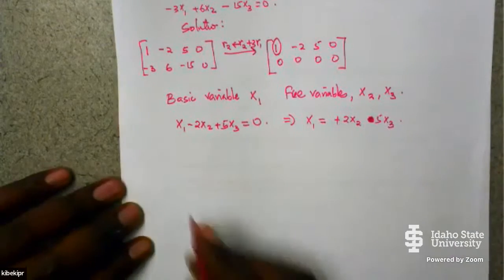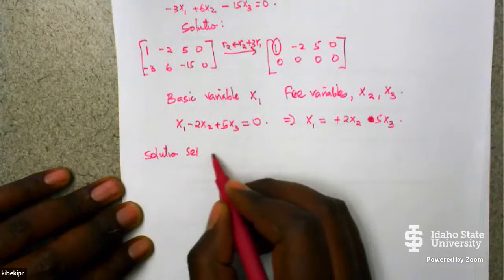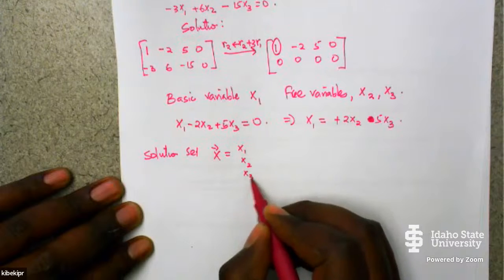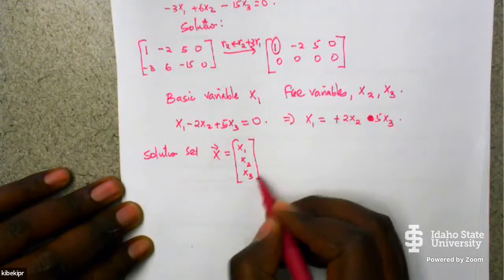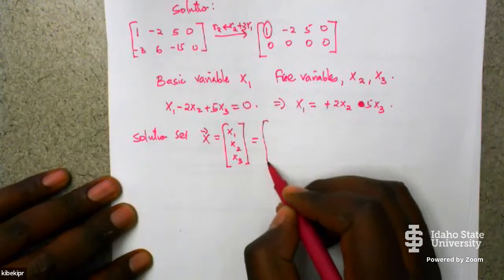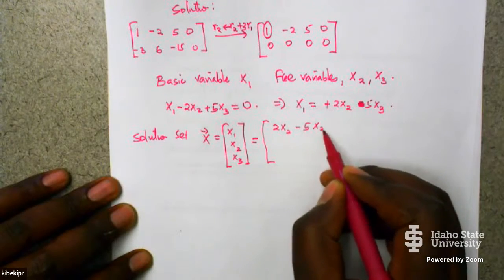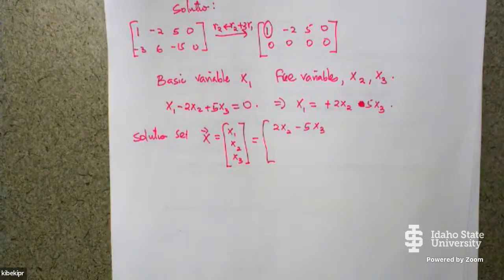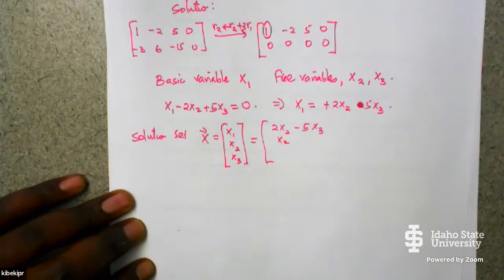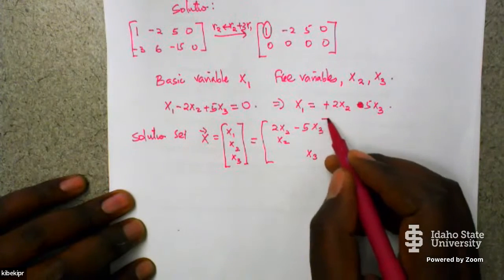Now our solution set will be x, which equals x1, x2, x3, which is now 2x2 minus 5x3, and our x2 is free, and our x3 is also a free variable.